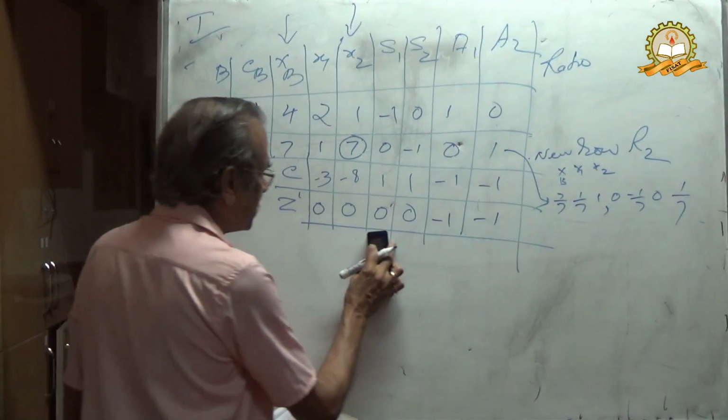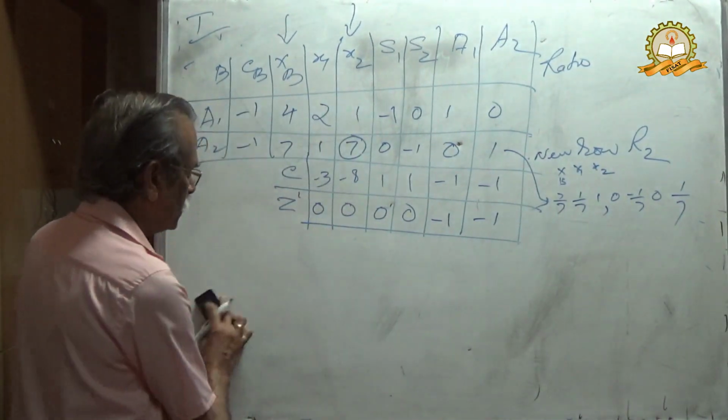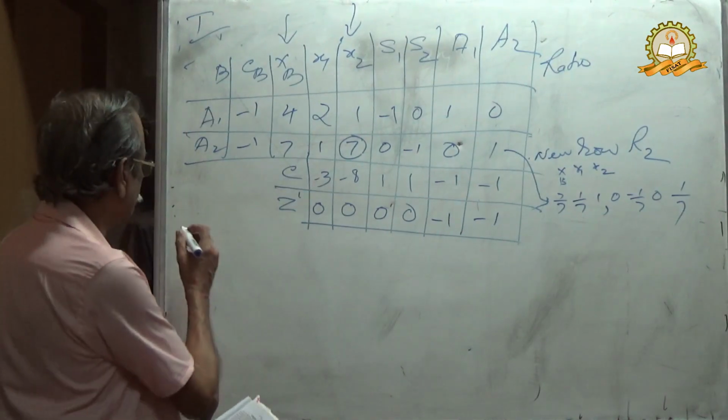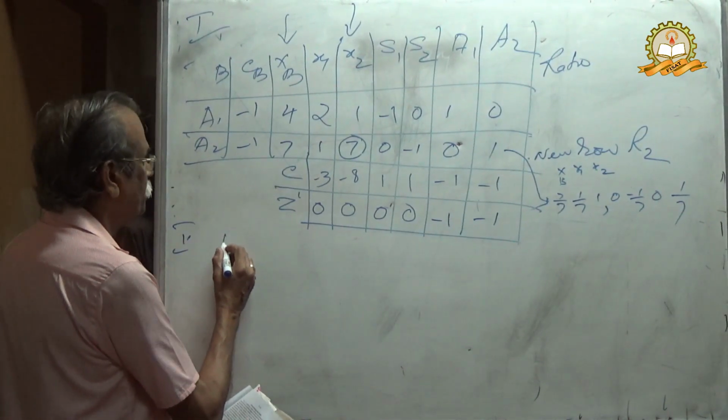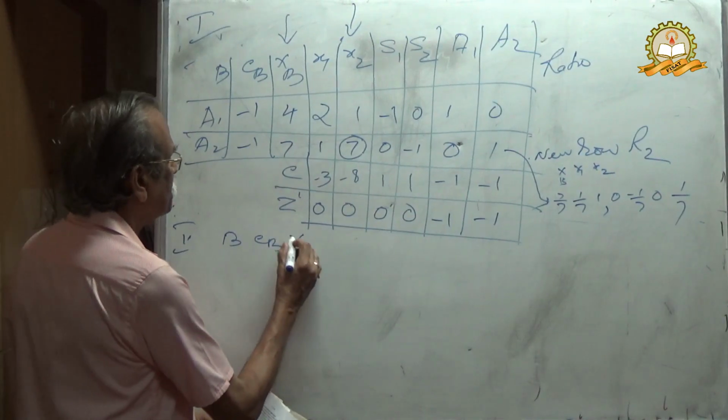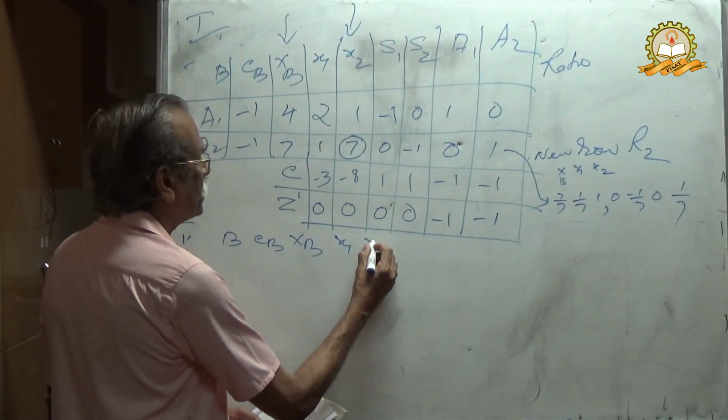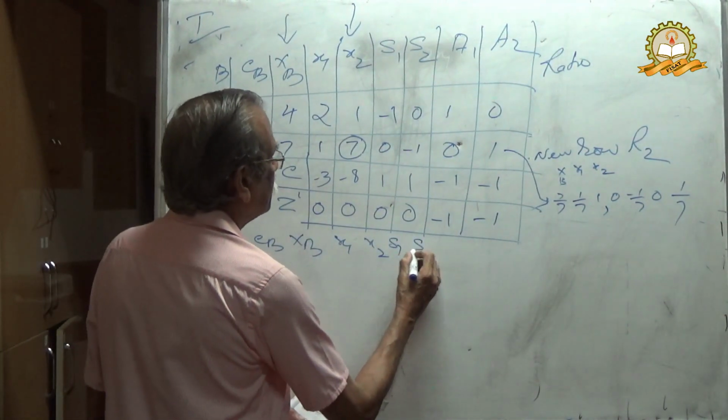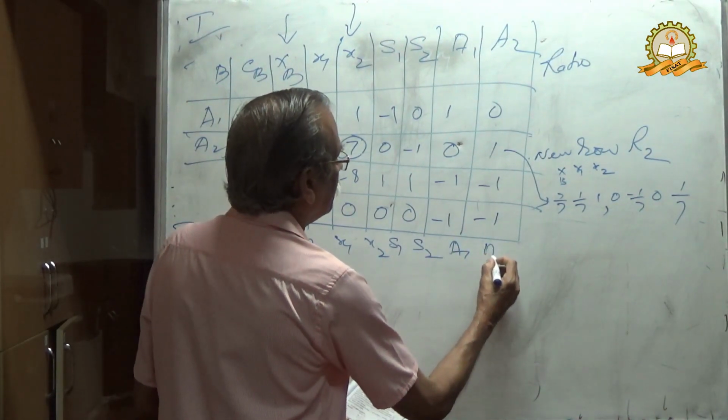Therefore, the second table will be: you can write B, CB, XB, X1, X2, S1, S2, A1, A2.